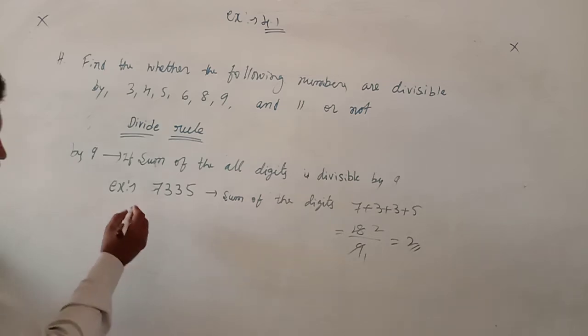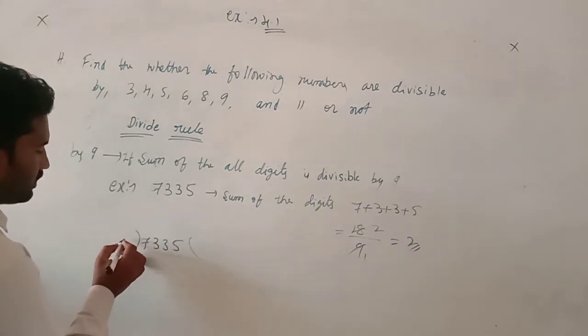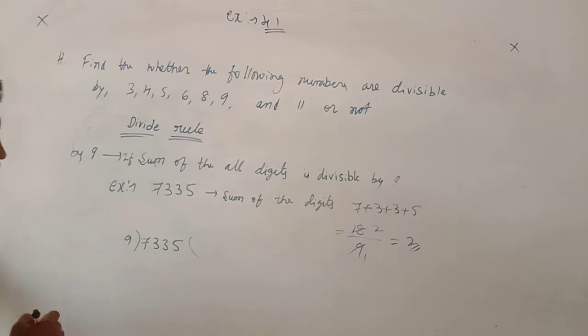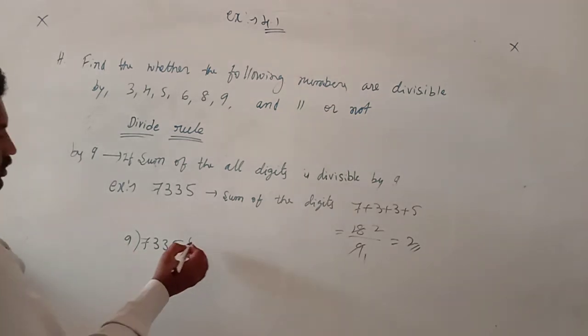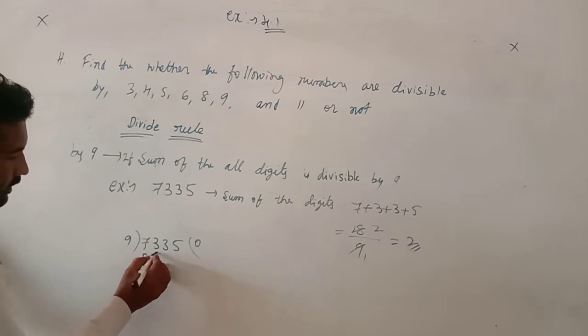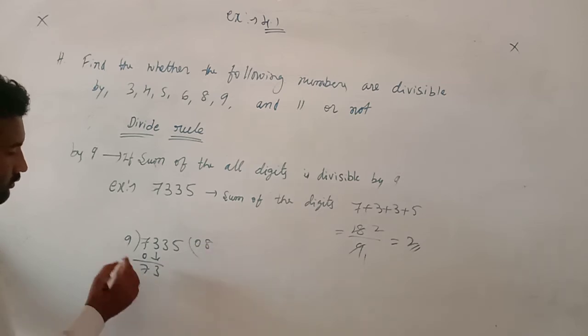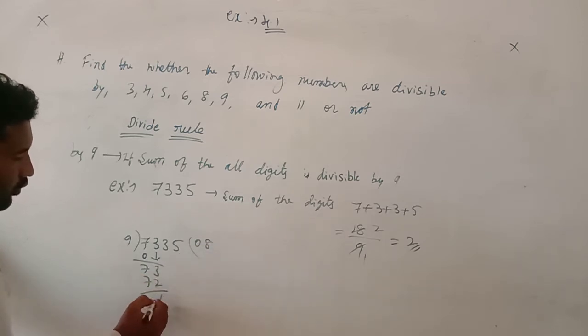So I am checking this. 7, 3, 3, 5. Can it divide by 9 or not? So 9 zeros are 0. Next, 9 eights are 72. 9 ones are 9.